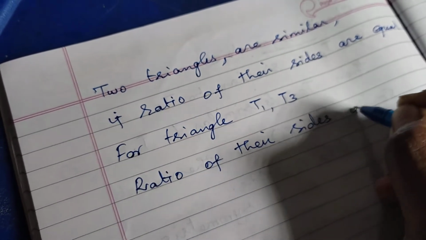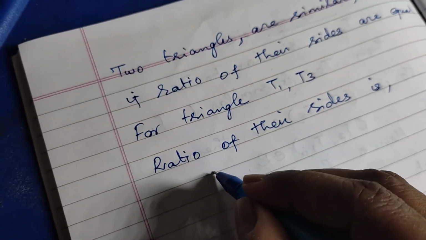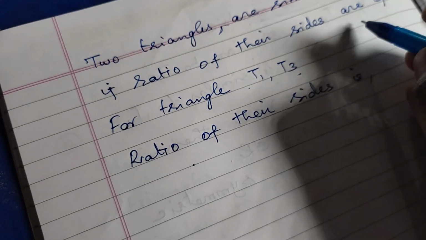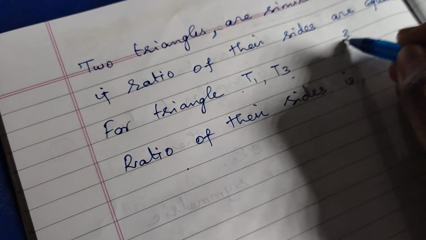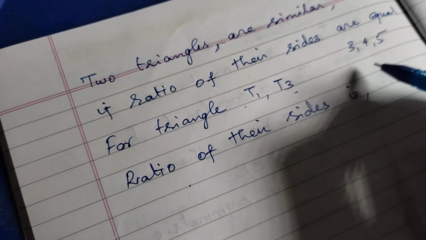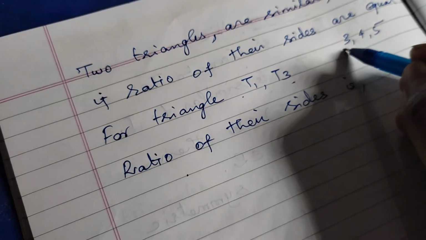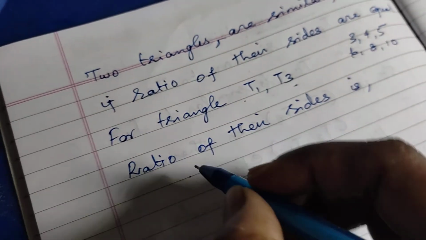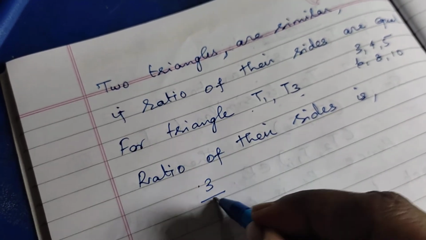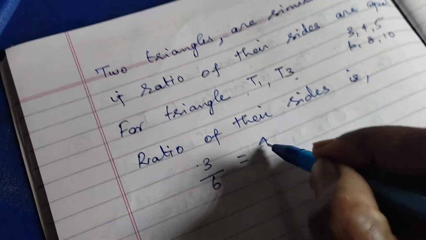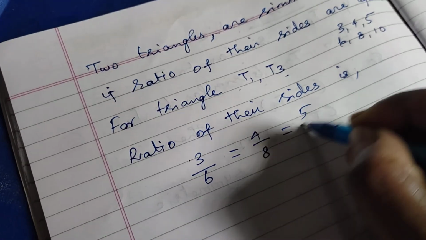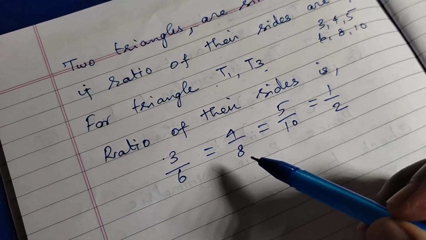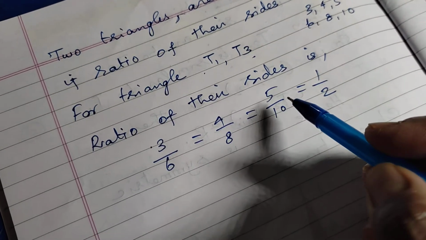T1 has sides 3, 4, 5. T3 has sides 6, 8, 10. The ratio of their sides is 3 by 6 equals 4 by 8 equals 5 by 10 equals 1 by 2. The ratio of their sides are equal here.